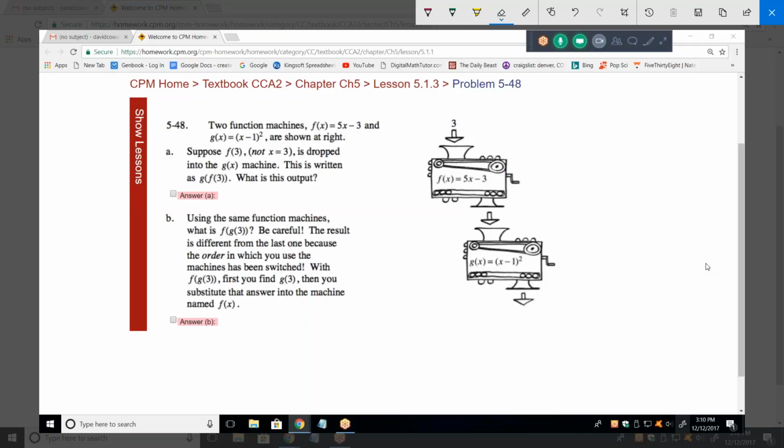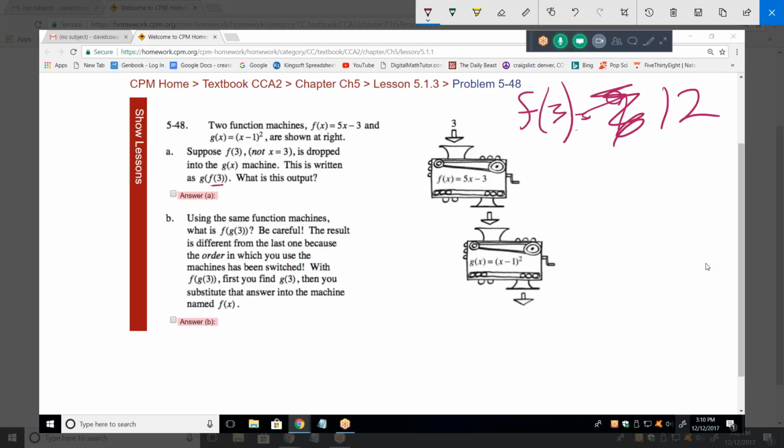Now they're saying, what is g of f of 3? Do the inside first. What is f of 3? So 5 multiplied by 3 and then minus 3, that's not 9, it's 12. 15 minus 3.